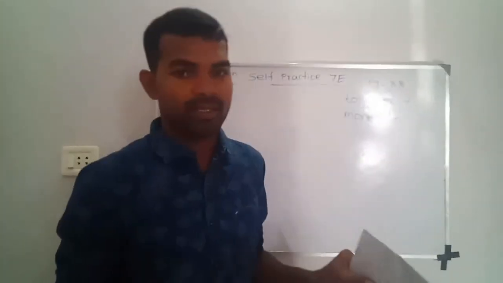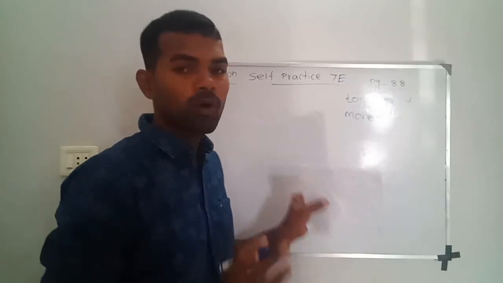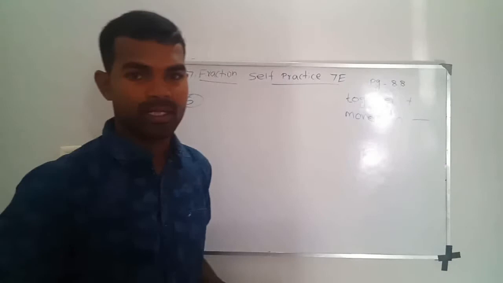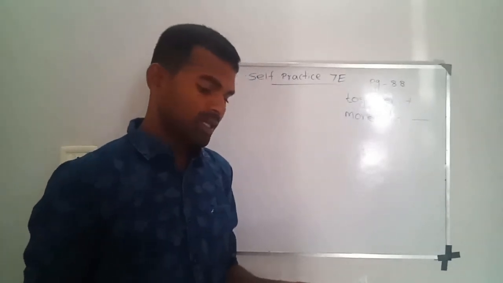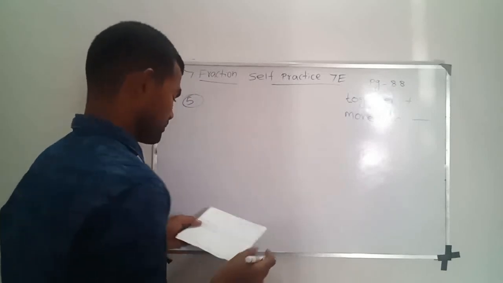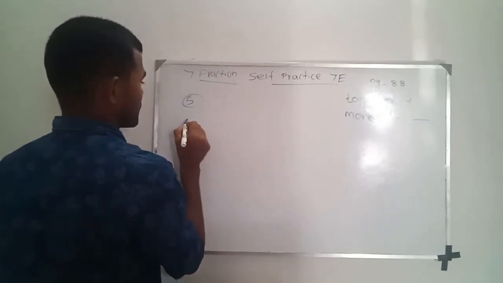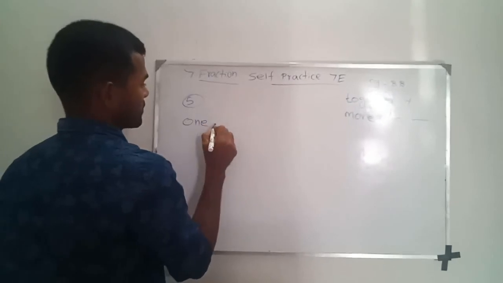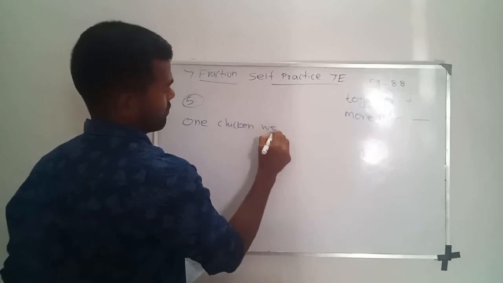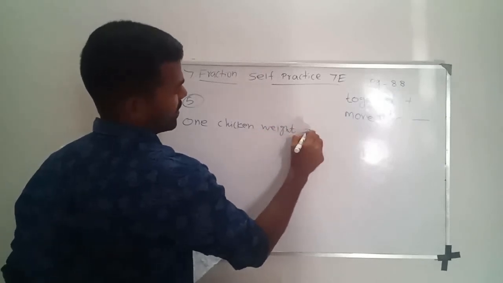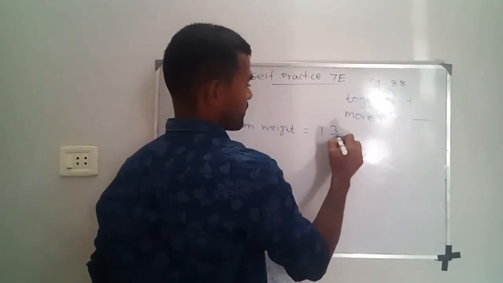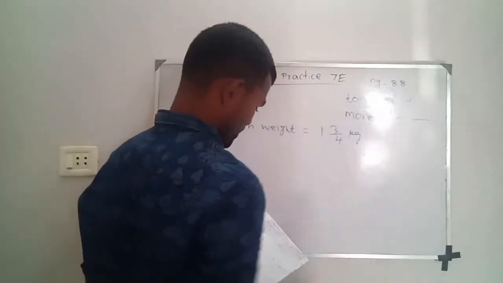When there is comparison, okay, more than, they are comparing 2 things here. When there is comparison also, subtraction, yes, subtraction. How much did one weigh more than the other? So the first chicken weight is 1 and 3 by 4 kilogram, yes.